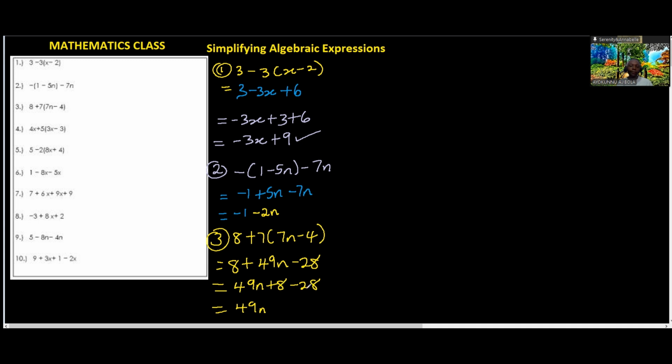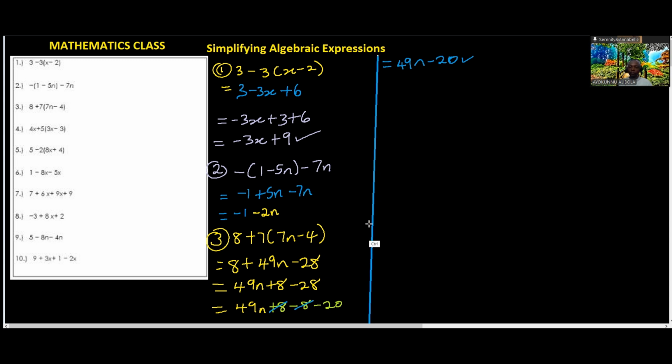That will give us negative 20, because if you take positive 8 and you remove 8 from the negative 28, you have negative 20 remaining. So 8 minus 8 gives me 0. So the final answer to that is going to be 49n minus 20. So that's the answer. Is that clear to you?